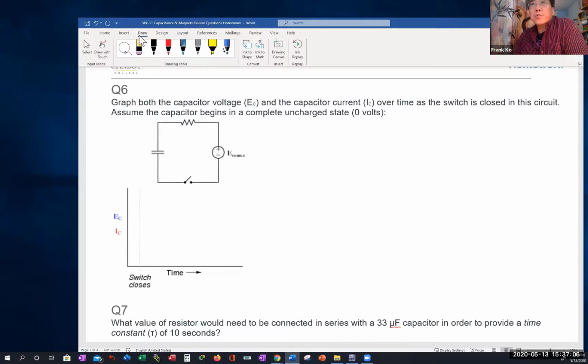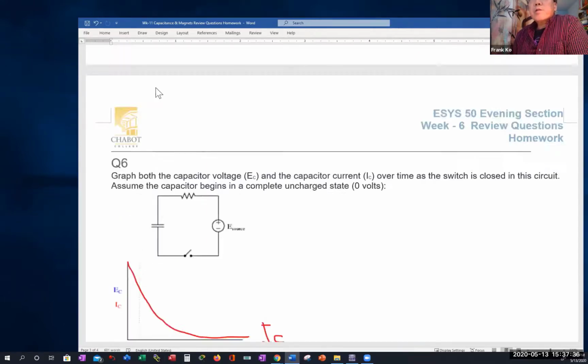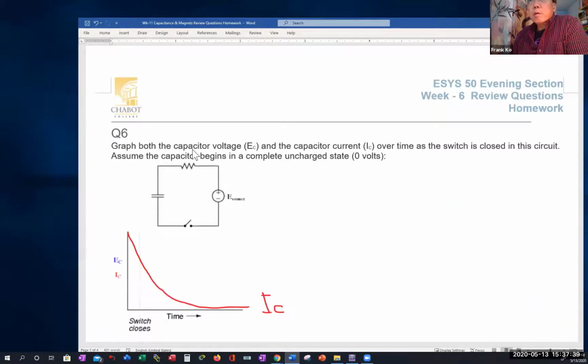So if I were to do this, let's see, do I have a pick of colors? Okay, I'm going to show current. And current will start here and gradually go out like so. So this will be your IC.